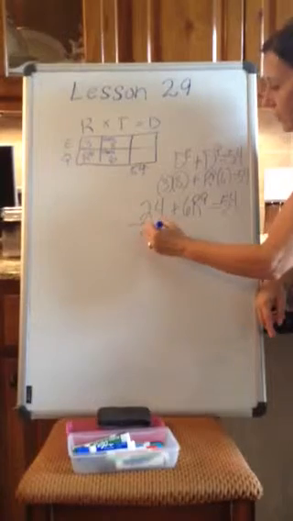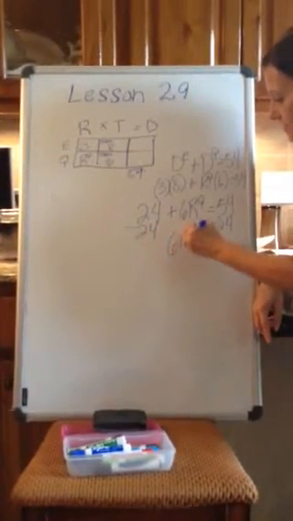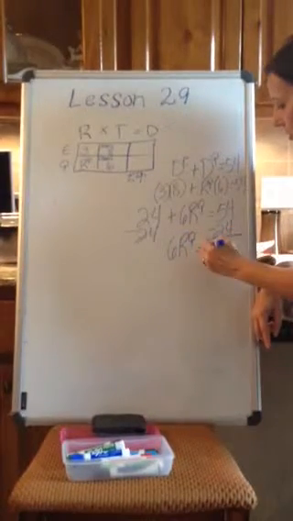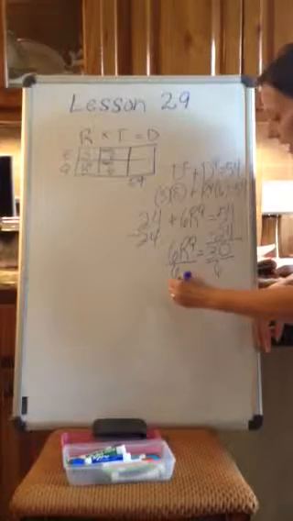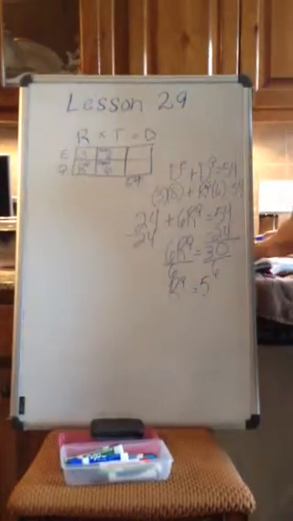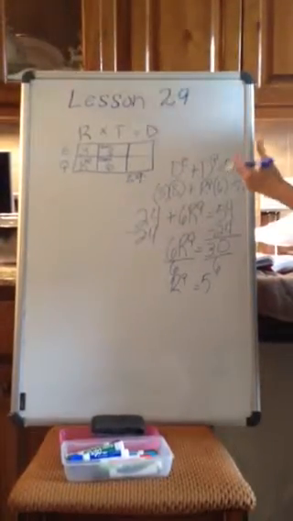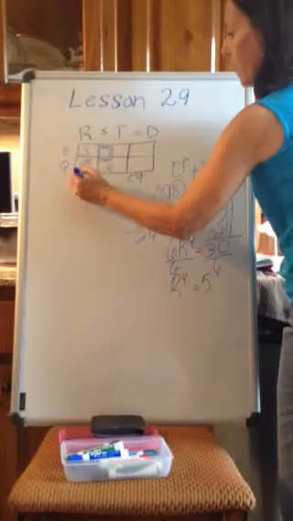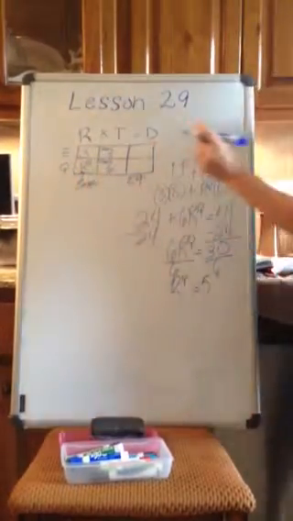We subtract our 24 from both sides, and 6 times the rate of the Queen is 30. Divide by 6, and the rate of the Queen was 5, assuming miles per hour. Yes, 5 miles per hour was her rate.